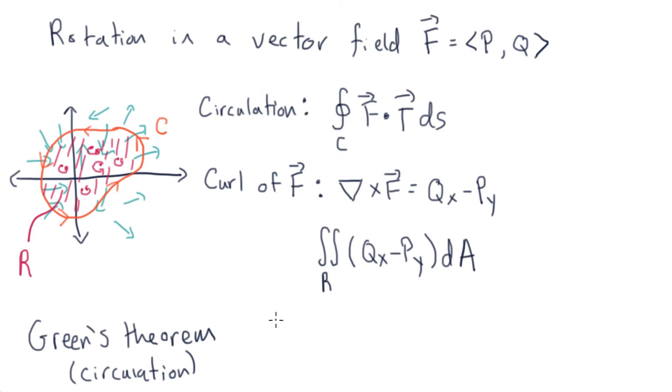And so what it says is that the circulation integral of the vector field, so basically the amount of rotation on the boundary of the region, is equal to the double integral of the curl over the region bounded by the curve C.